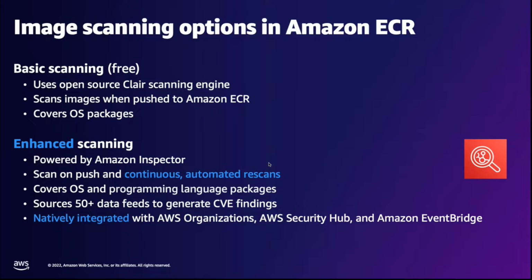I'm going to explain what the process looks like, but basically you can integrate with EventBridge and send notifications to automate the overall process, rather than just doing that when you push a new image into ECR. There are dozens of data feeds to generate CVE, common vulnerabilities, findings. And it's natively integrated with Security Hub, EventBridge, and AWS Organizations.